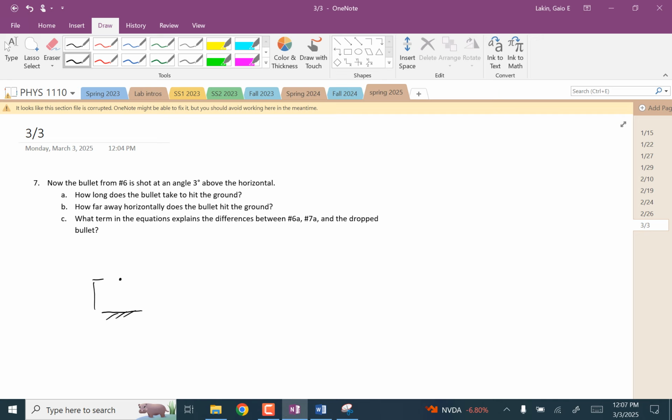It's going to start out 1 meter above the ground, and it's going to take off. I mean, that's way more than 3 degrees, but it's going to take off at some angle above horizontal. And then it's going to follow a parabolic path like that.